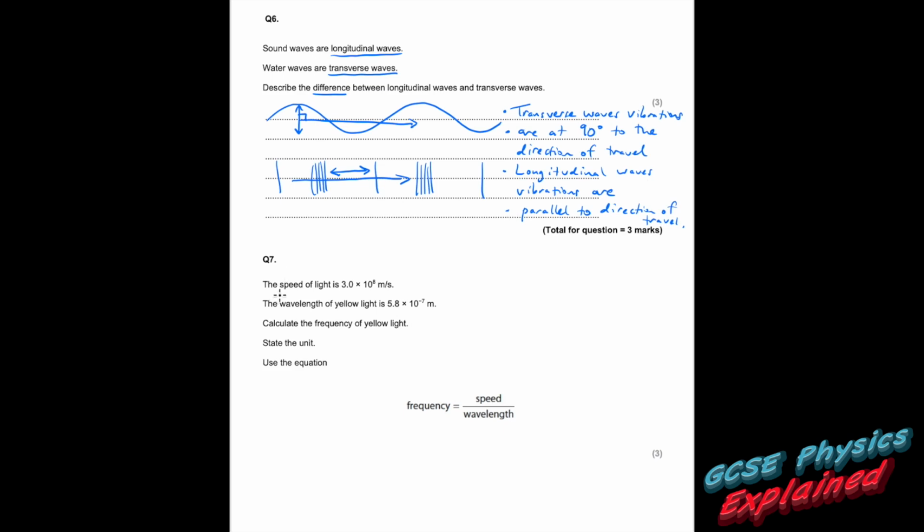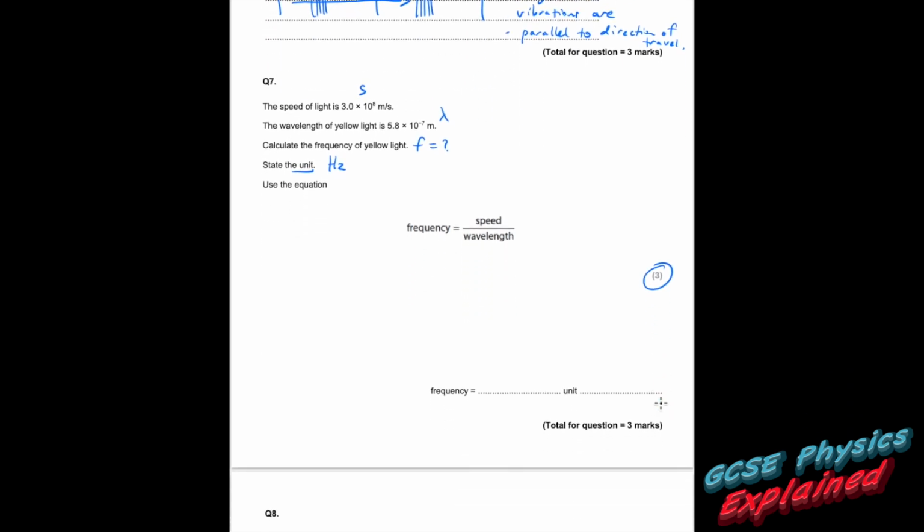Question 7. The speed of light is 3 times 10 to the 8, so that's our speed. The wavelength of yellow light is that, so that's our wavelength. Calculate the frequency. So it's the 3rd time we've seen this question. They've made it worth 3 this time because they're asking you to state the unit. Well, frequency is measured in hertz. So we'll pop that in straight away. There's an easy mark.